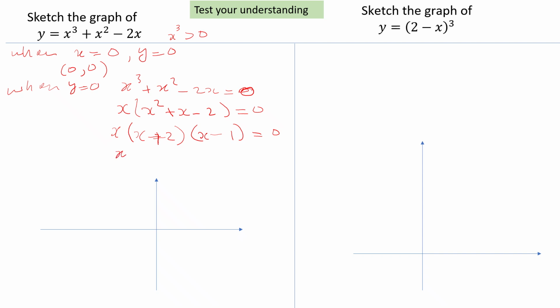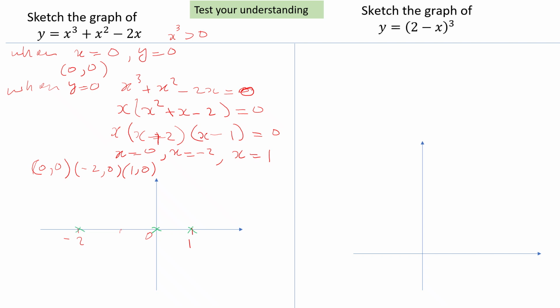So the roots x equals 0, x equals minus 2, and x equals 1. So the coordinates 0, 0, minus 2, 0, 1, 0. Now mark the coordinates 1, 0, 0, 1, 0, minus 2, 0.